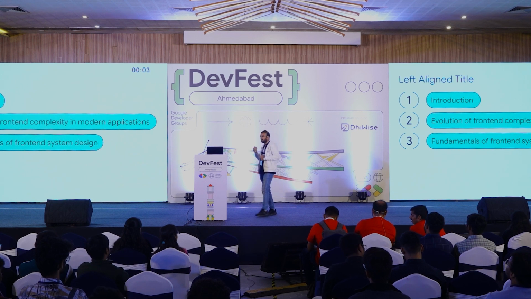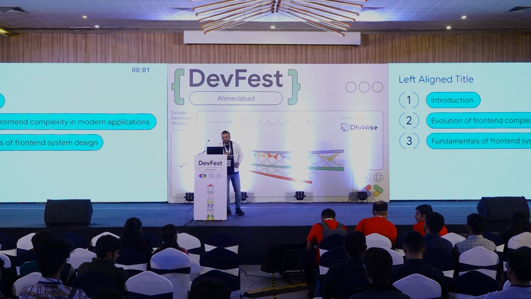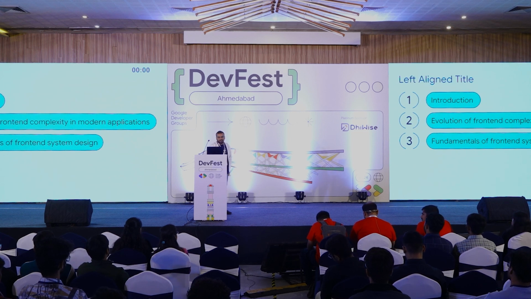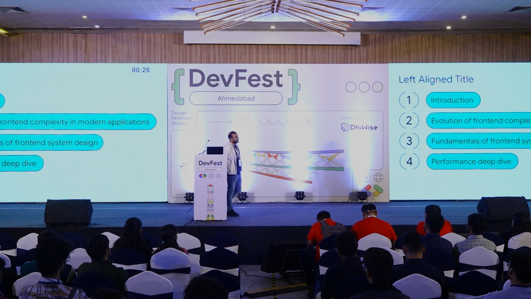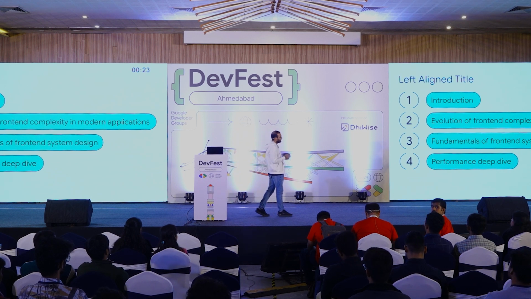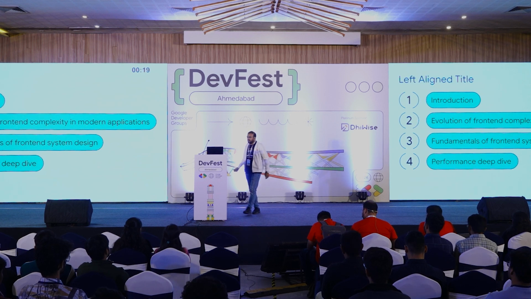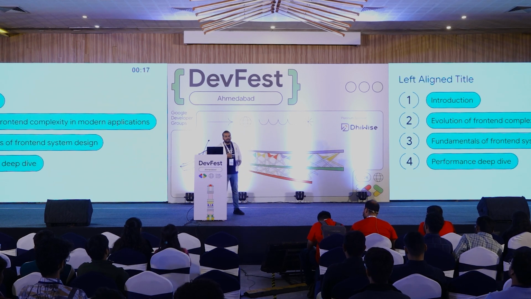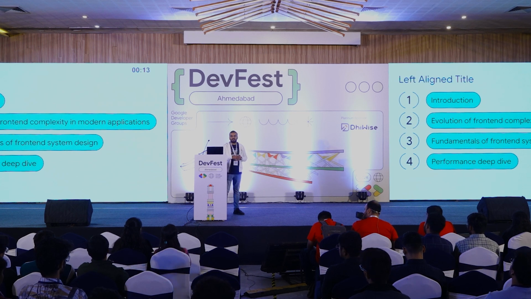When things grow, then it doesn't work like that. So we will go deep into what the fundamentals are, and then as my topic suggested, a performance deep dive. I'll take you through the performance: what are the measurement metrics, methods, standards, trade-offs, and my personal experience towards performance, right?